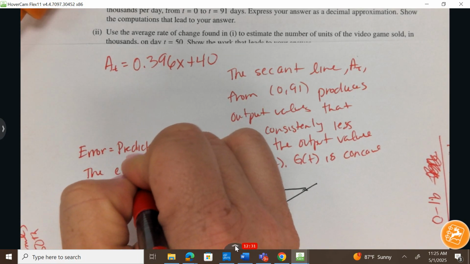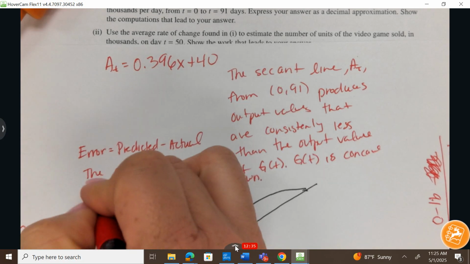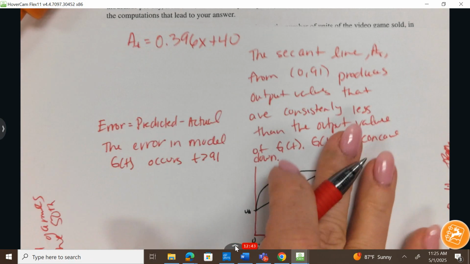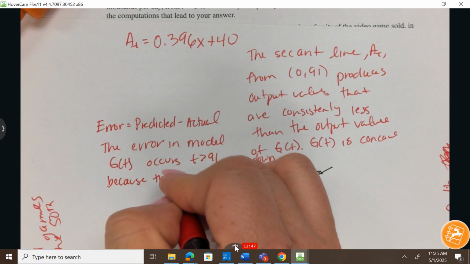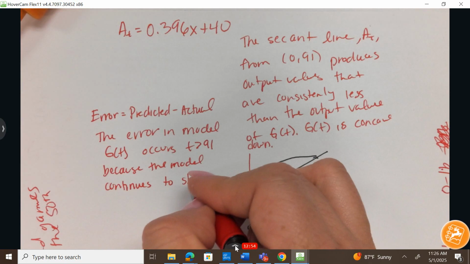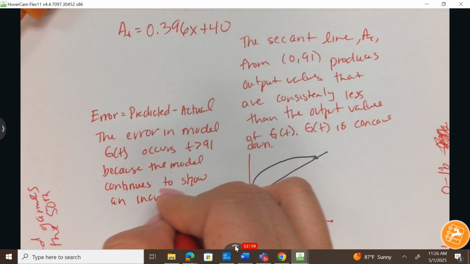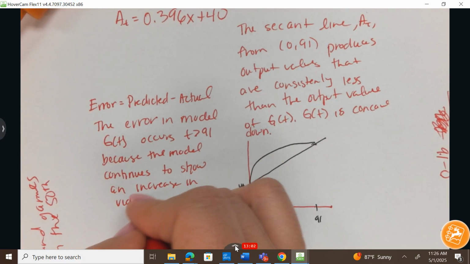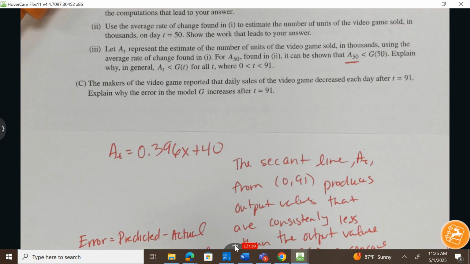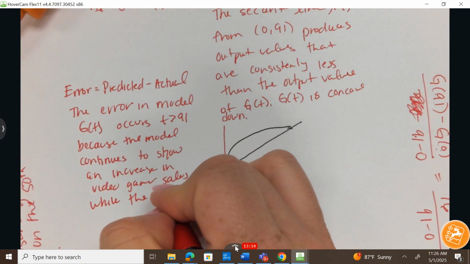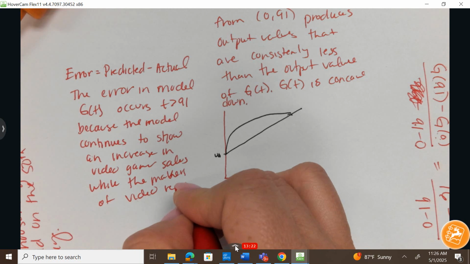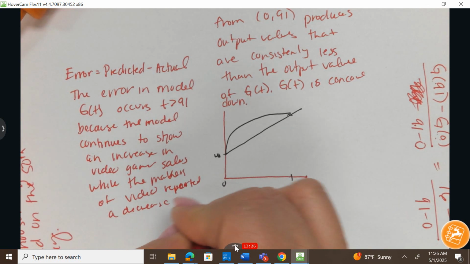So the error in model g of t occurs when t is greater than 91, because the model continues to show an increase in video game sales while the makers of the video game reported a decrease in sales.